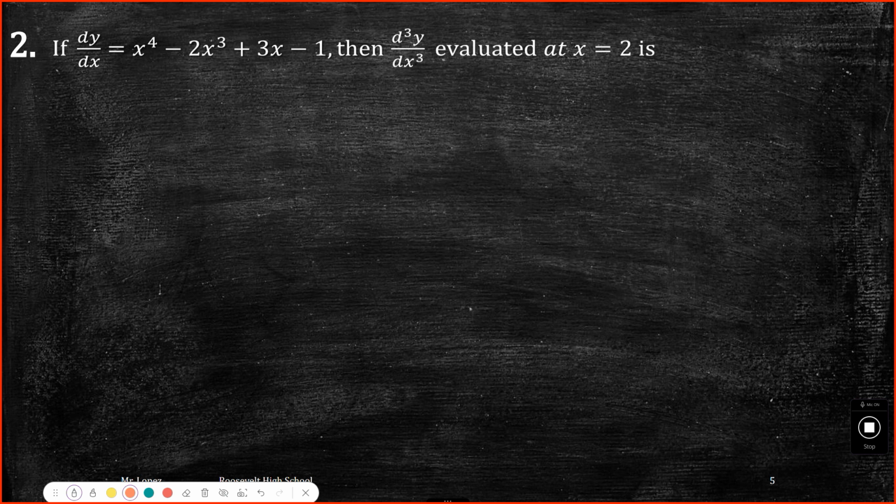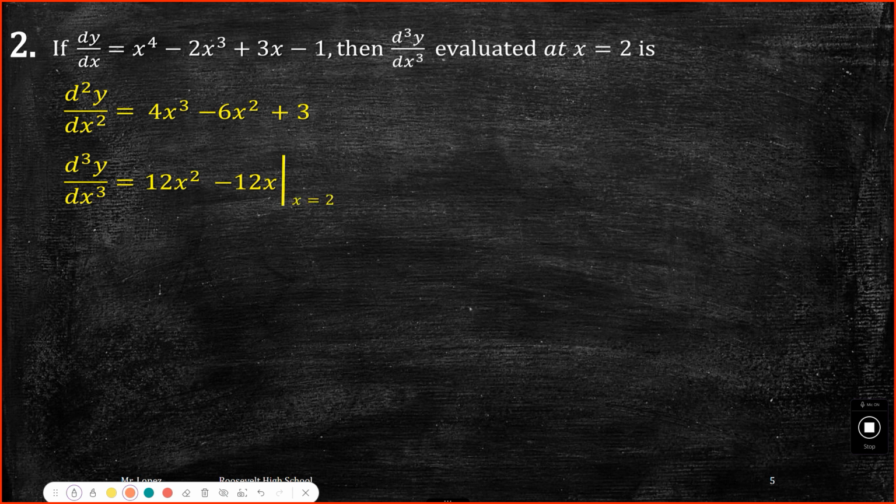No, it's already the first derivative. We got to take the second derivative. Second derivative: 4x cubed minus 6x squared plus 3. Then we take the next derivative to get the third derivative: 12x squared minus 12x. And now we evaluate it at x equal to 2. That's going to be what, 48, 24 then? 24.